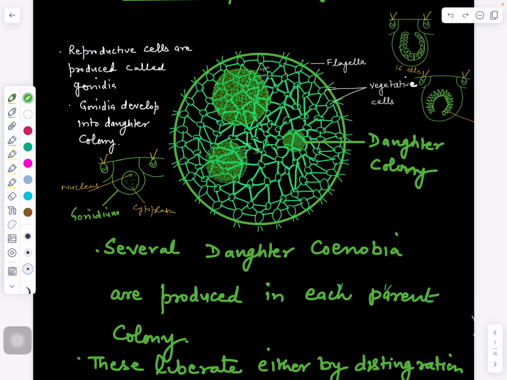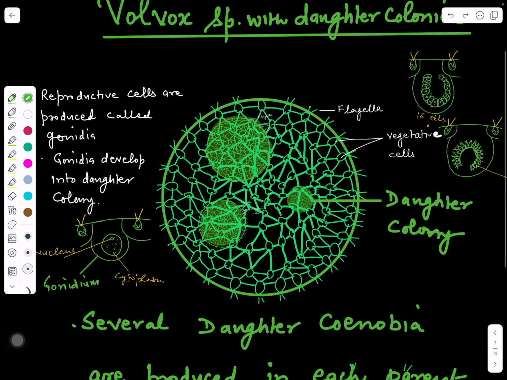In the posterior part, some of the cells retract back. At the posterior half, these cells will retract back like this.